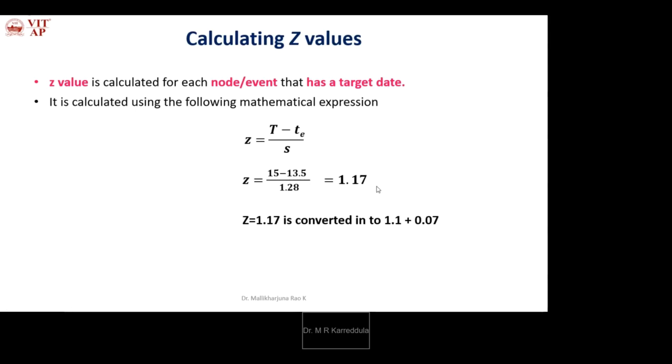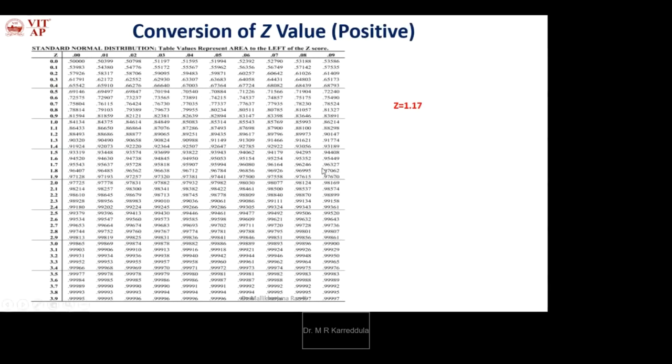Now we need to convert this value using the standard normal distribution table. Z equals 1.17 is converted into 1.1 plus 0.07, with 1.1 on the y-axis and 0.07 on the x-axis.